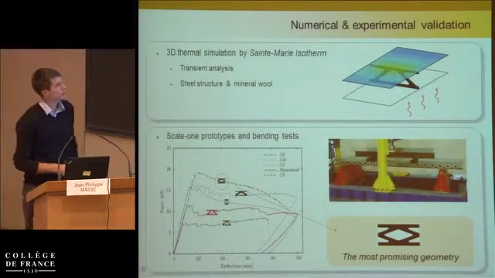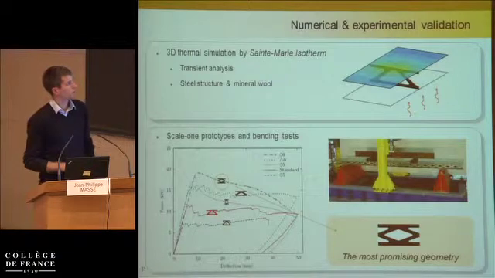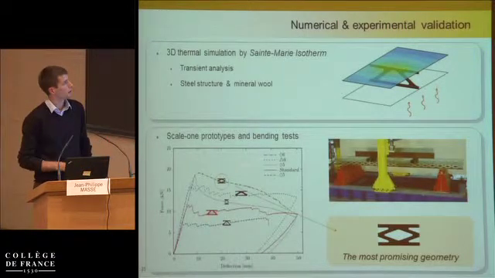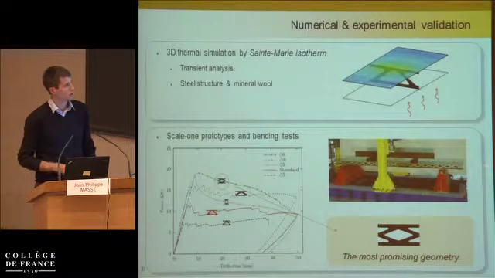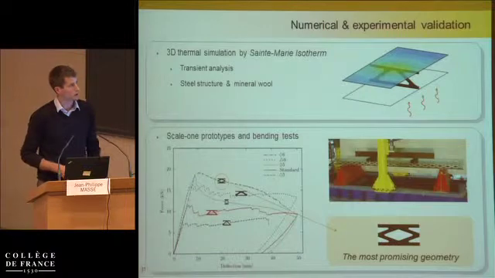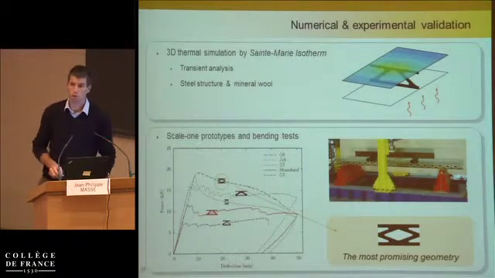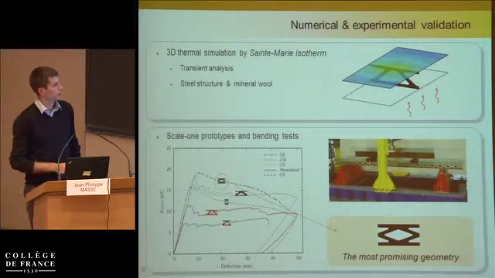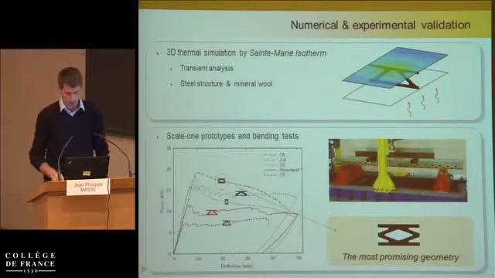Then we tested some of this geometry with 3D thermal calculation. The result was pretty convincing, and we did some tests on pretty large structures here, with the same 4-point bending stiffness measurement, and also damage of the panel.